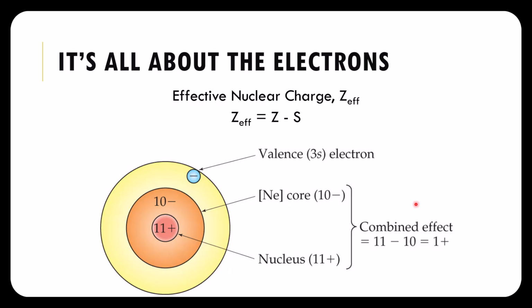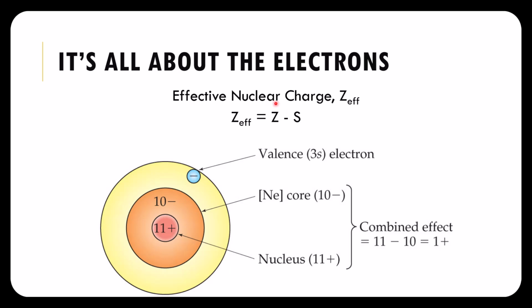to understand this trend. So essentially what effective nuclear charge does is it takes the number of protons, which is this Z value here, so that's the number of protons, and it subtracts it from the core electrons. So remember, core electrons are anything that are not valence.